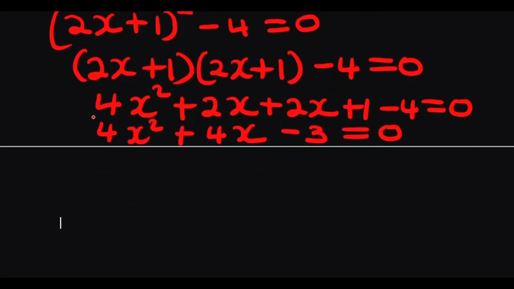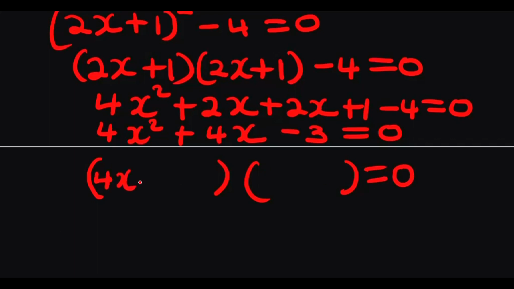Now we just need to factorize this. How are we going to factorize this? Open the brackets as usual, equals 0. Then here we put 4x, and here we put 4x. Now, how are we going to find the factors here?